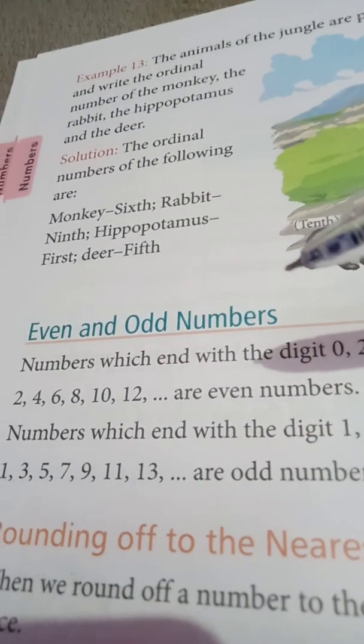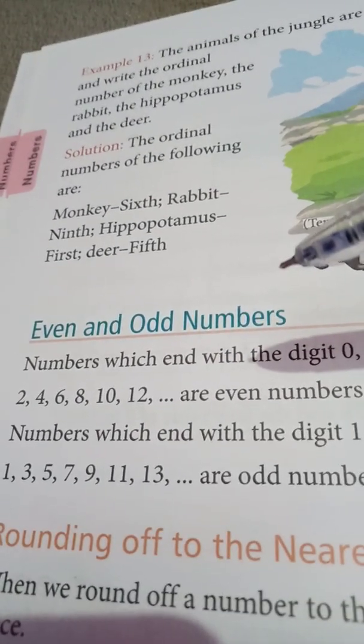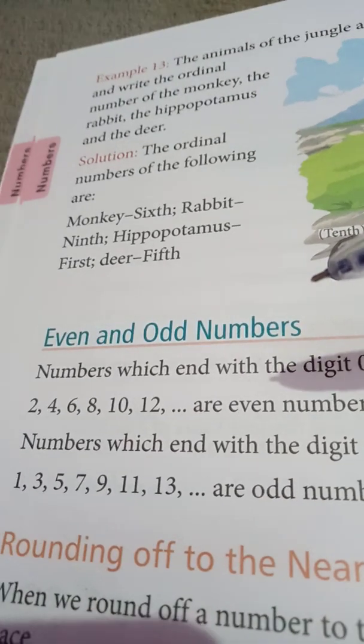Now, the next point to be discussed is even and odd numbers. What is an even number? A number which is divisible by 2 is called an even number.